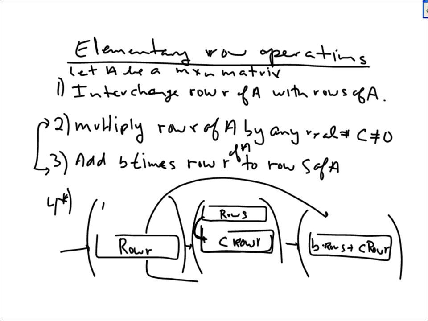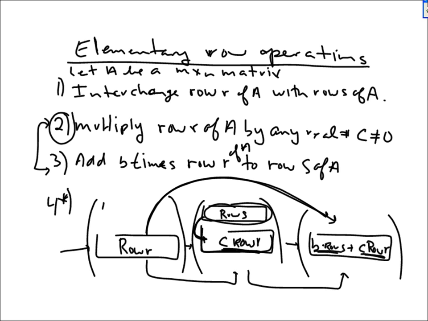From here to this matrix, we multiplied row R by a non-zero number, elementary operation number 2. And then from here to here, we took row R, which is now C times row R, and we added b times another row, b times row S. Well, I like to just jump right to it.